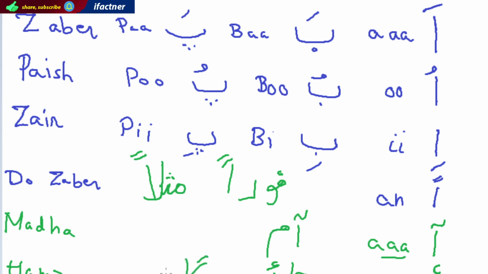Chai is tea, and gaye means cow. So Hamza changes the sound of this. You can say these words if we use it.